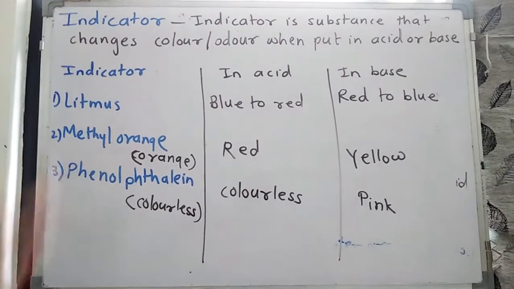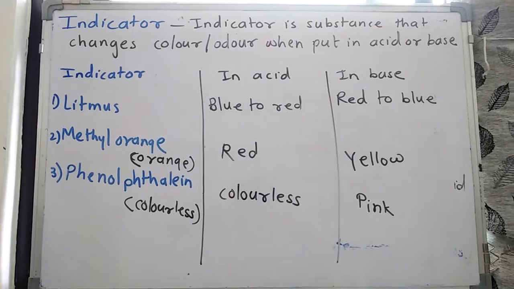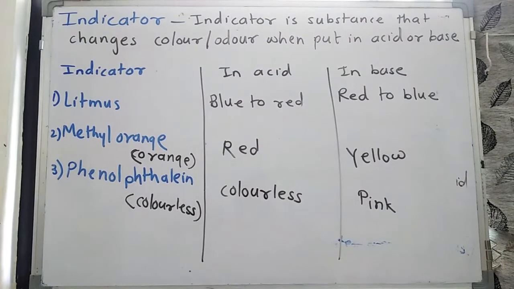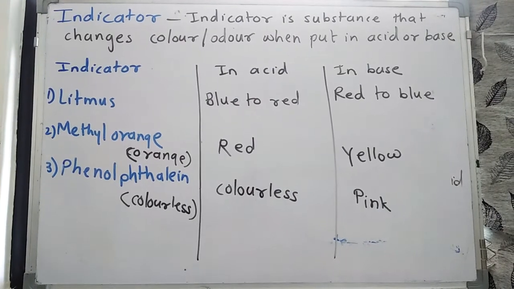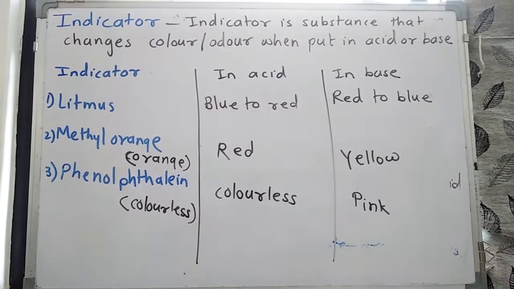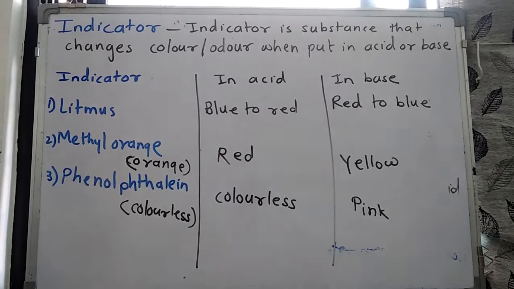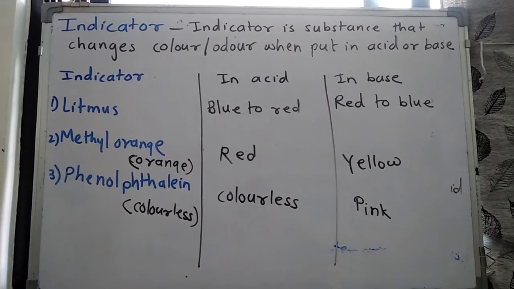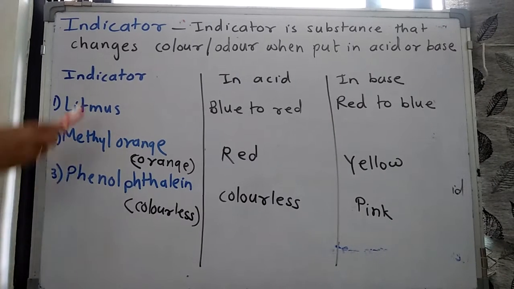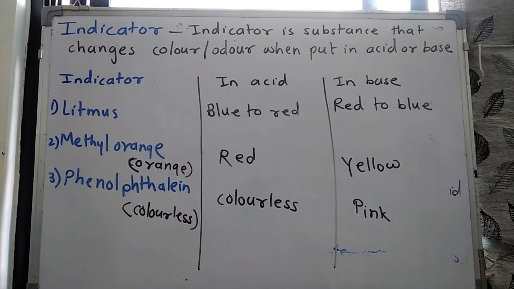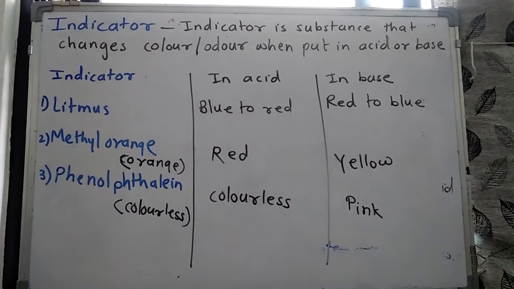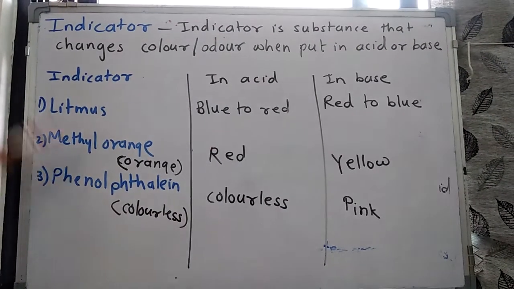Now, indicator. What is an indicator? An indicator is a substance that changes its color or odor, odor meaning smell, when put in acid or in base. When we add an indicator to acid or base, it will give a different color or a different odor. Here are some common indicators available in the laboratory: litmus paper, methyl orange, phenolphthalein.